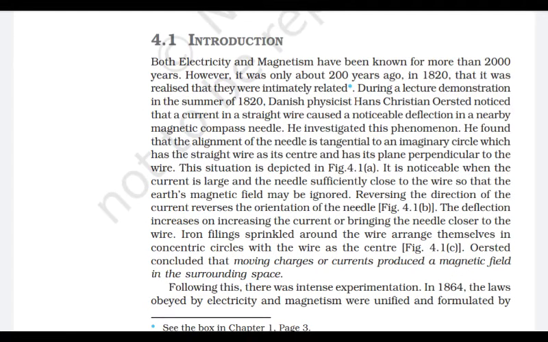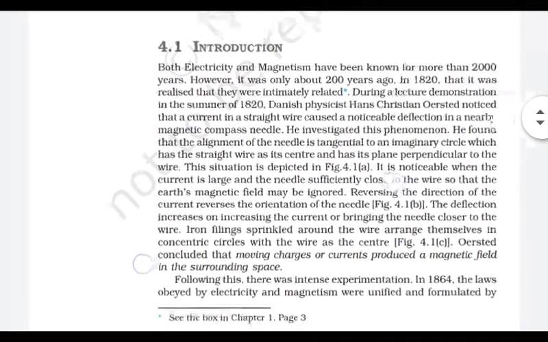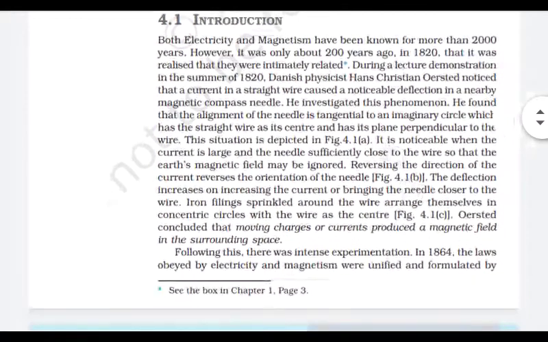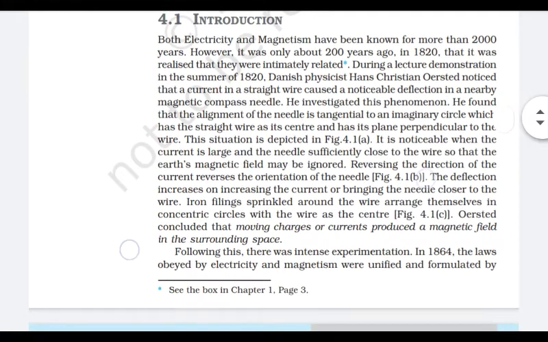In 1820, Danish physicist Hans Christian Ørsted noticed that the current in a straight wire caused a noticeable deflection in a nearby magnetic compass needle.